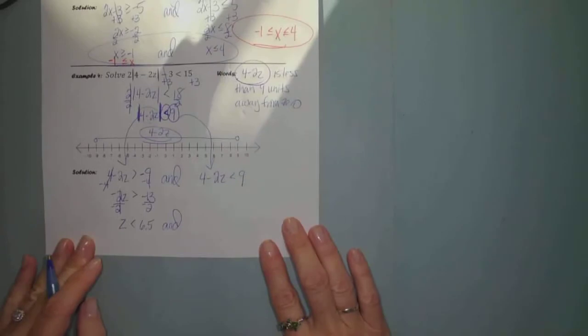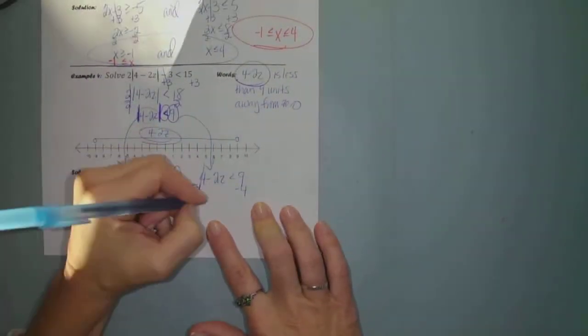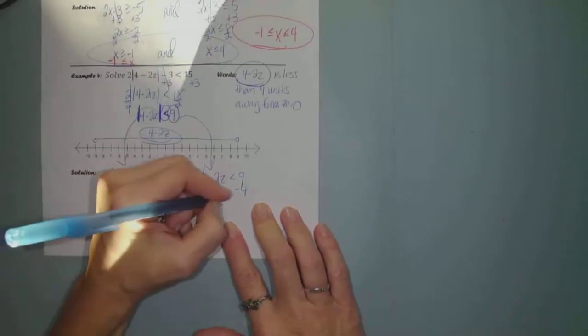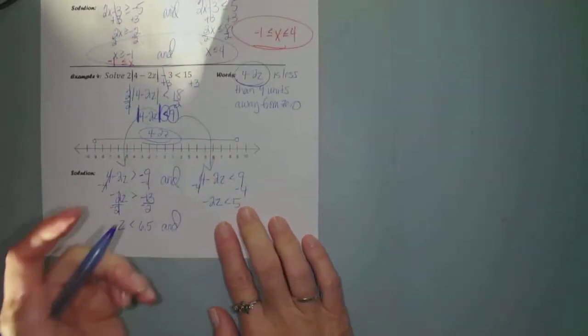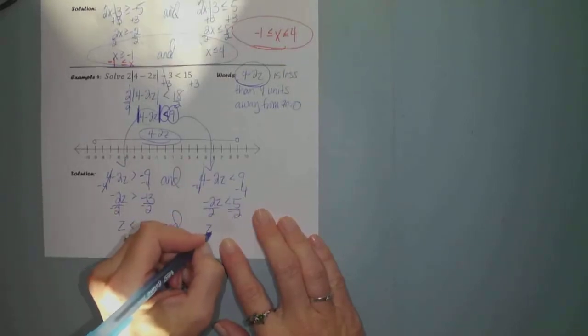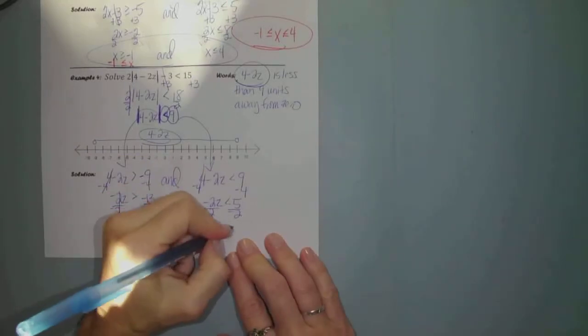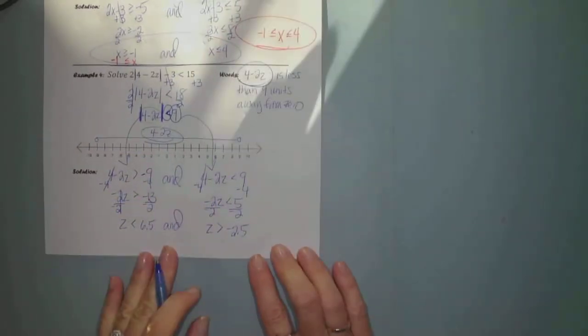And we'll do the same thing on the other side. We'll minus 4. So we have negative 2z is less than 5. And we divide by negative 2. And so z is, flip it, we divide by a negative here, so greater than negative 2.5.